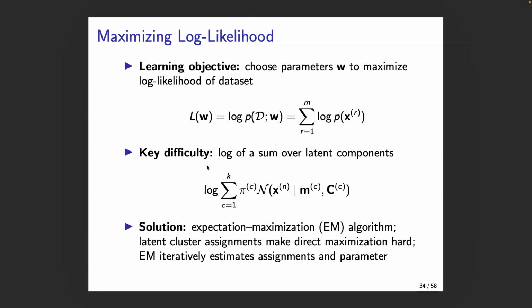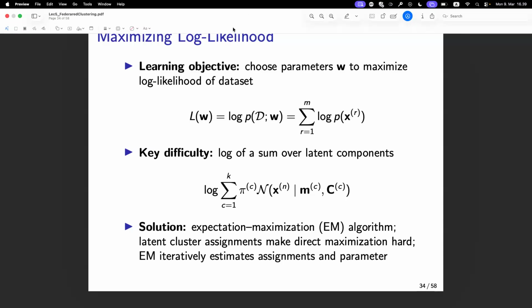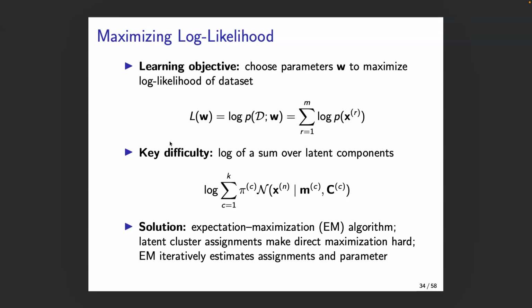And also we have this log sum, which is a little bit tricky to handle. So what people usually do in practice is use the expectation maximization algorithm. It's an iterative algorithm where we split this optimization into two steps.